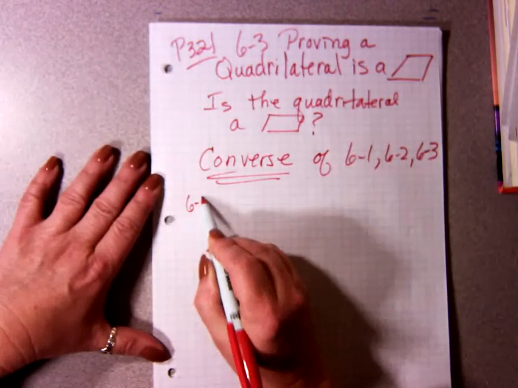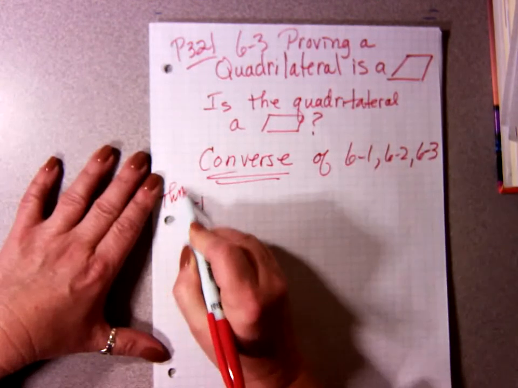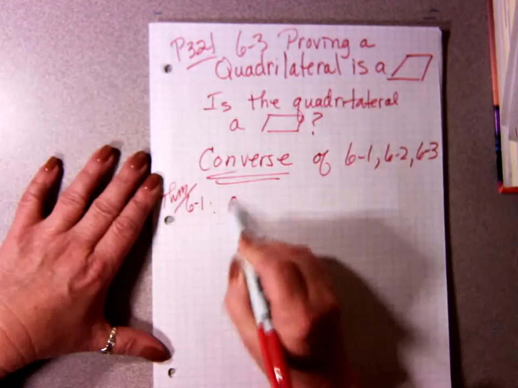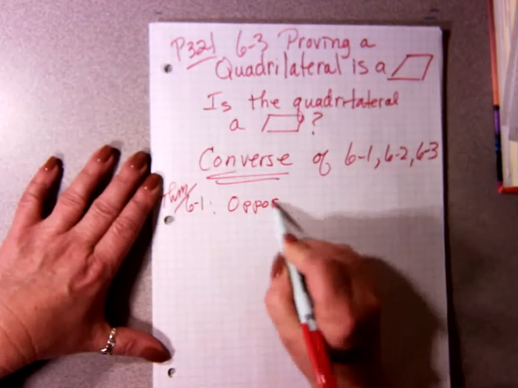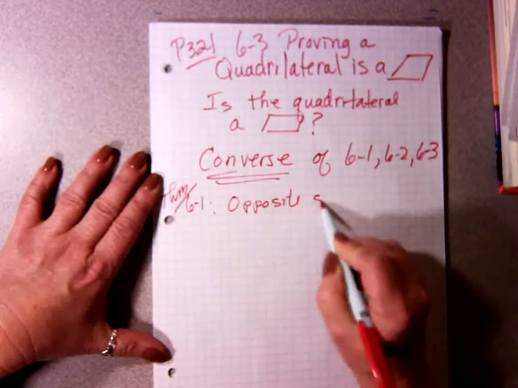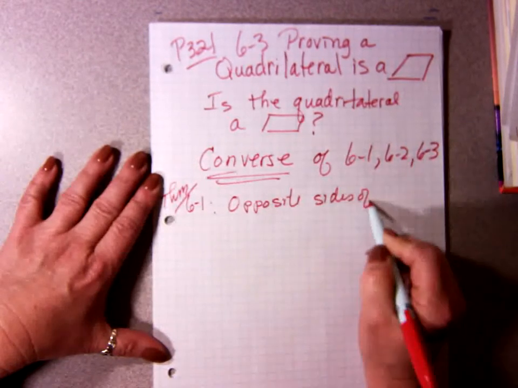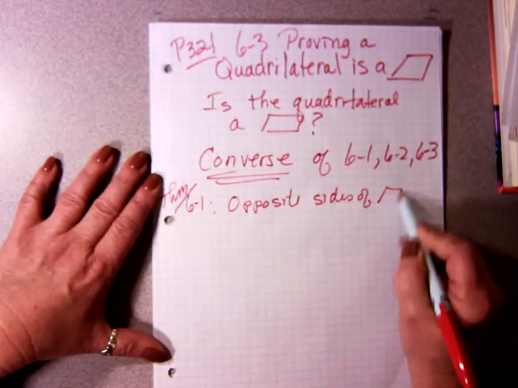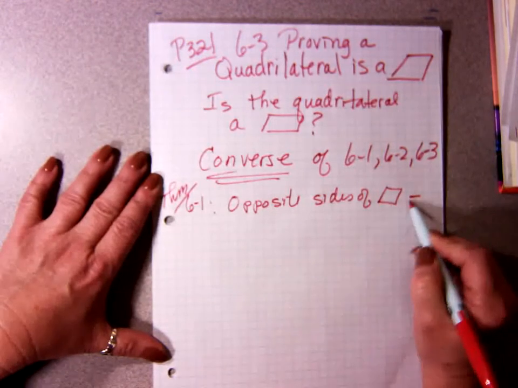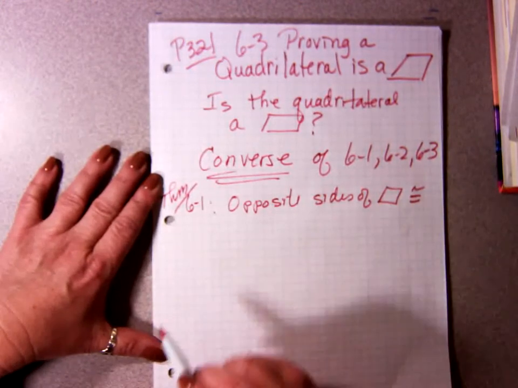So if you remember, theorem 6.1 stated that the opposite sides of a parallelogram are congruent.